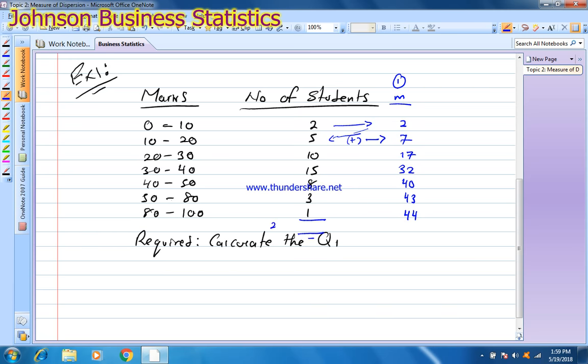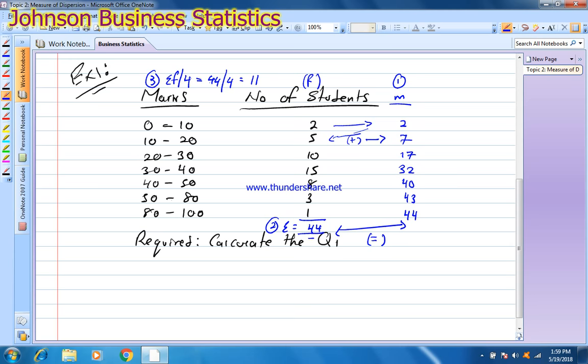Step 2, find the total of the frequency that we get, 44. This and this need to be equal, in order to check the answer for the cumulative frequency. Step number 3 now is you take the total frequency divided by 4. So you take 44 divided by 4, you get 11.